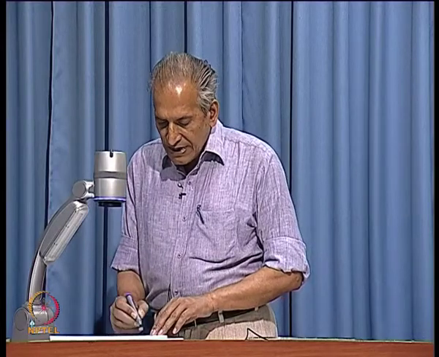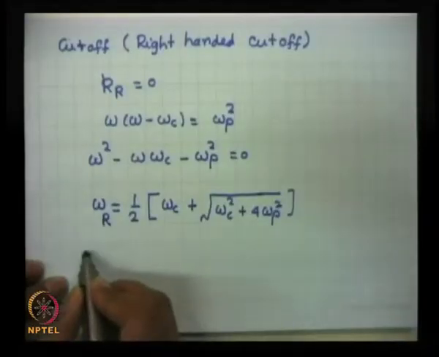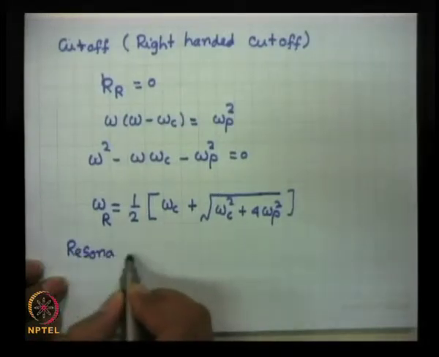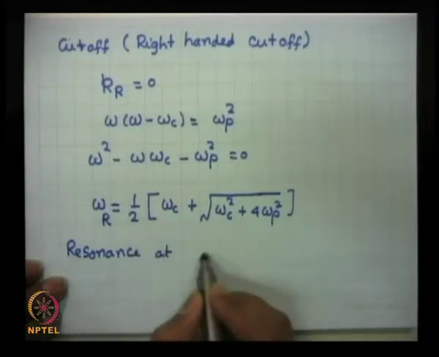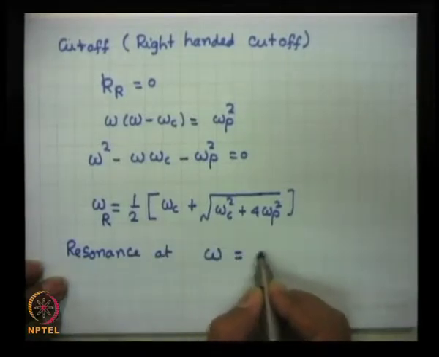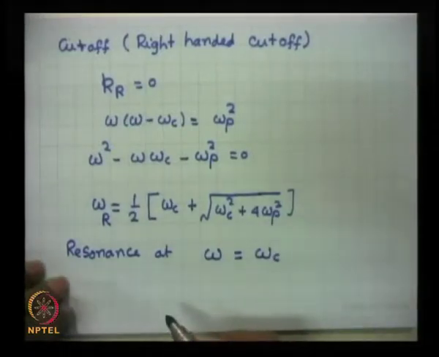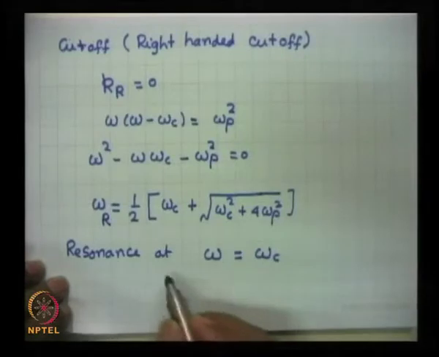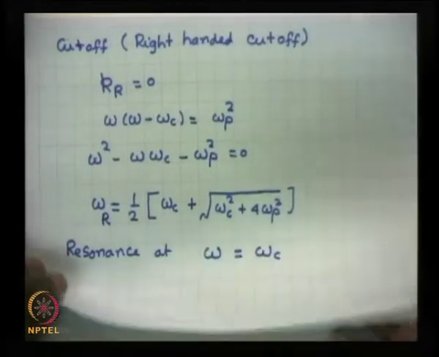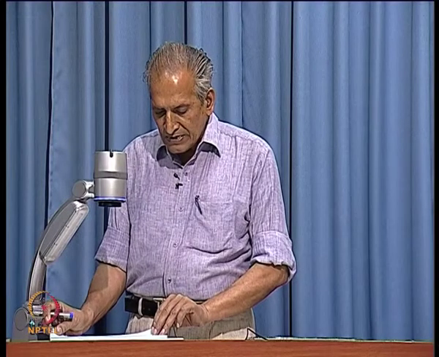because K_r has a resonance at omega equal to omega_c, at which the plasma term goes to infinity and reverses sign. So, at this point K goes to infinity.